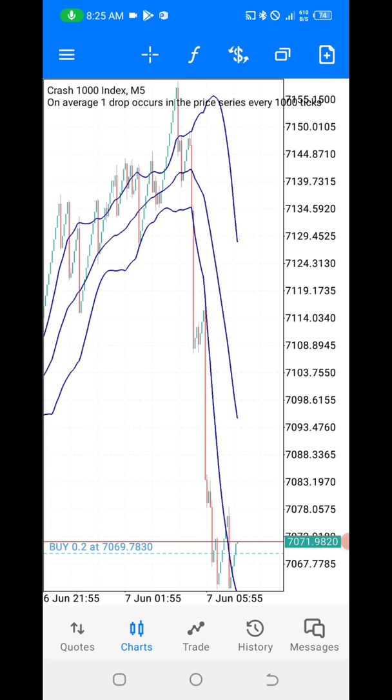Now, I want to repeat the conditions again. I said whenever there is an interaction of price, and when I say price, I mean this bullish candlestick, with the lower line of this Bollinger Band, and then a bullish candlestick closes above the first lower line, then you execute your trade.